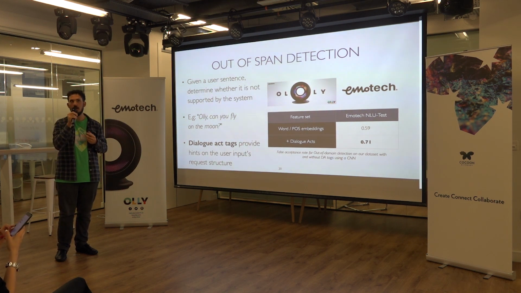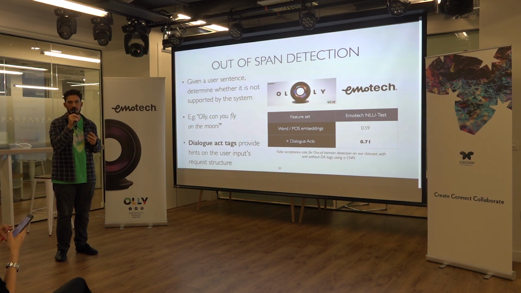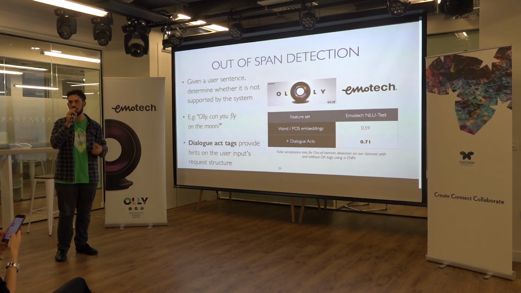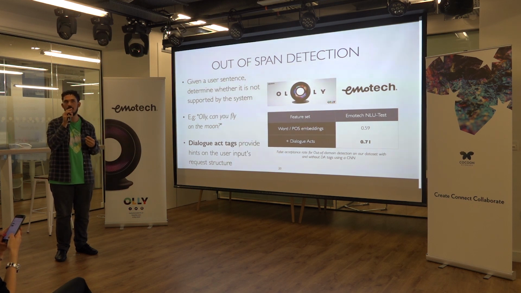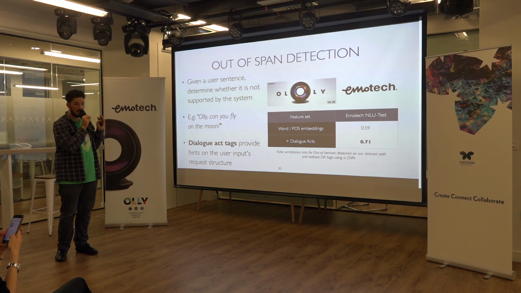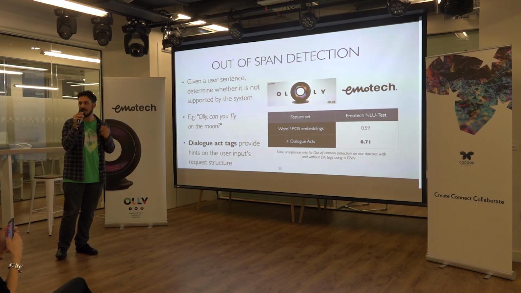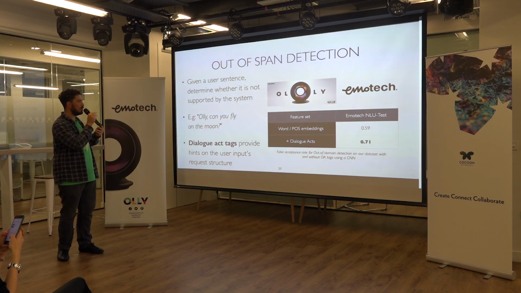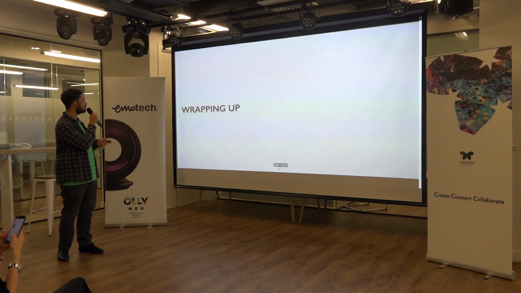In general, building a machine learning algorithm that recognizes something that doesn't exist or is not supported is always a hard task, because you cannot provide to the system examples of all the possible interactions in the world. So we found that with dialogue acts, out-of-domain detection improves drastically. This is yet another proof that dialogue acts are a good feature when trying to build a dialogue system.